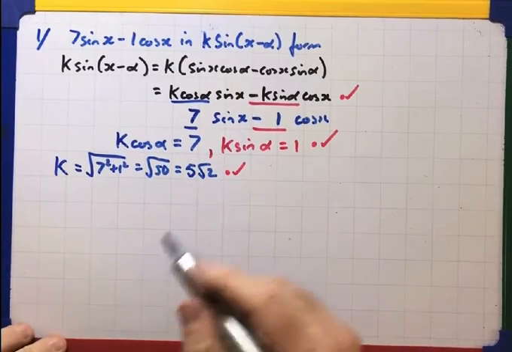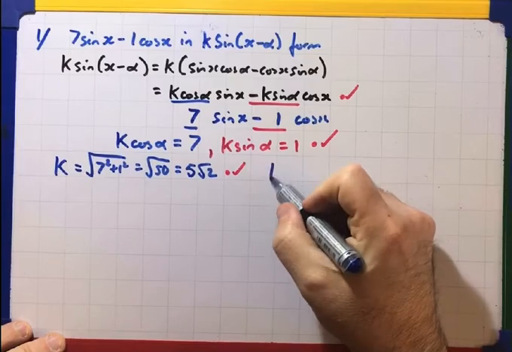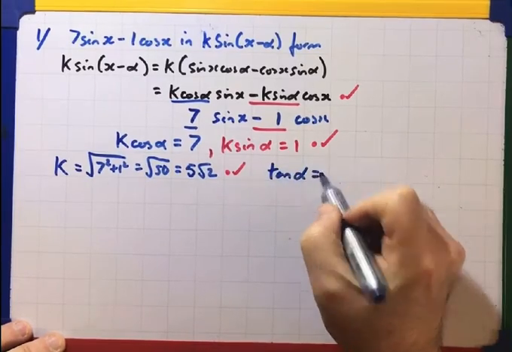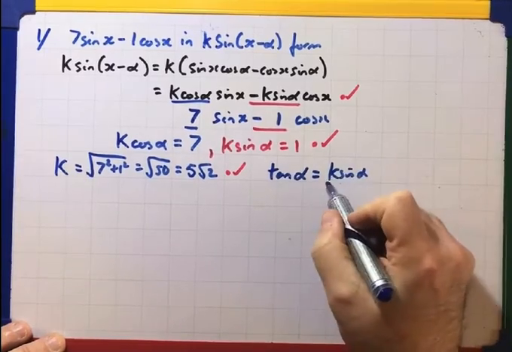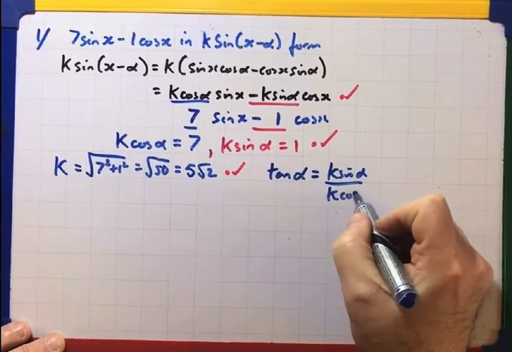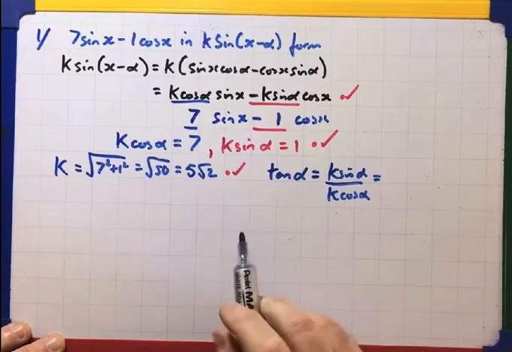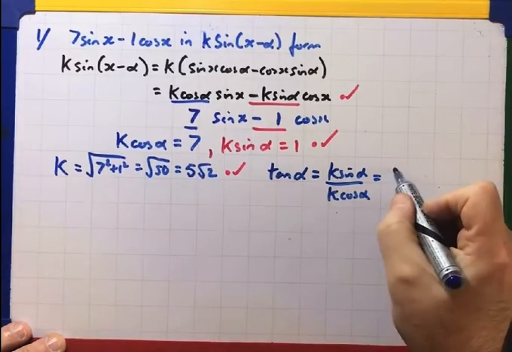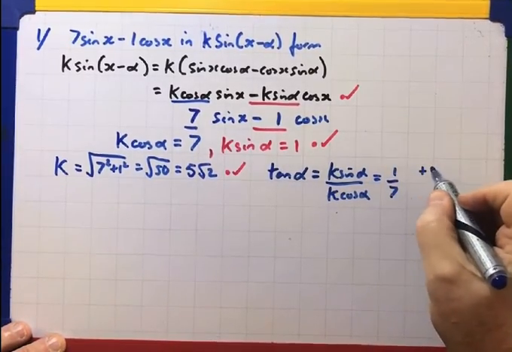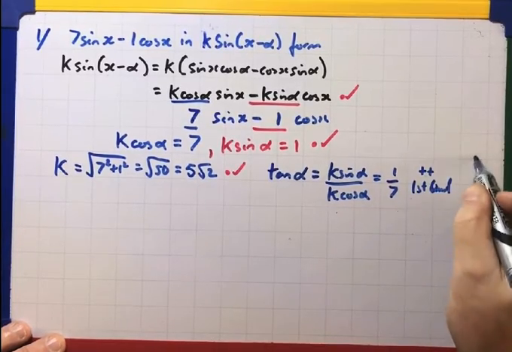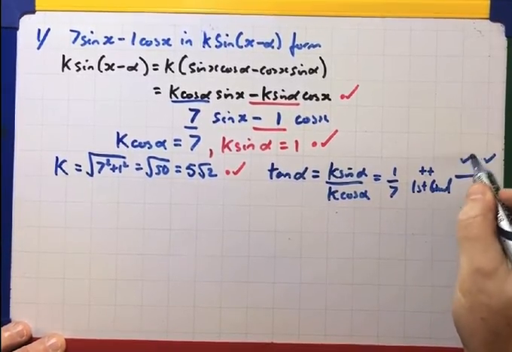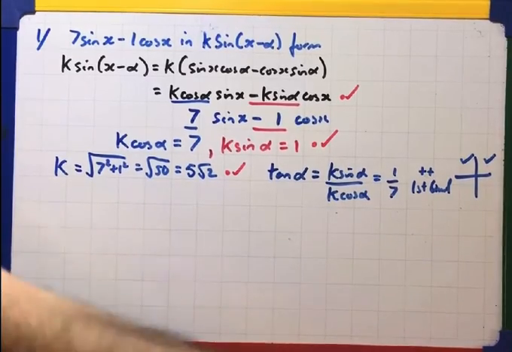Okay, we now need to work out the angle. So remember, tan alpha is equal to k sine alpha over k cos alpha, which in this case is 1 over 7. Everything's positive, isn't it? So you're talking about the first quadrant. Remember with your CAST diagram, sine is positive there and there.